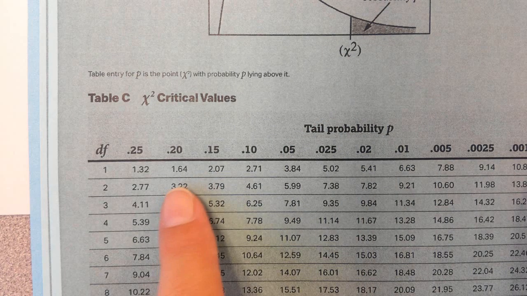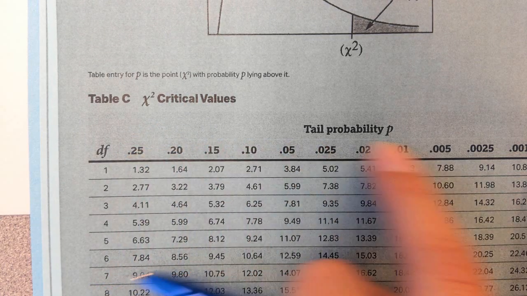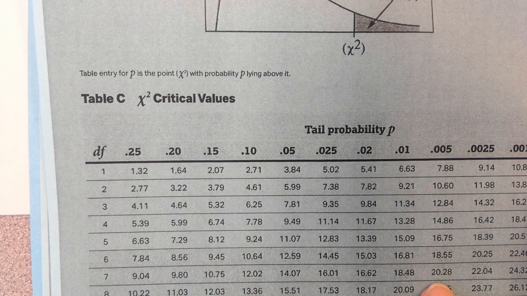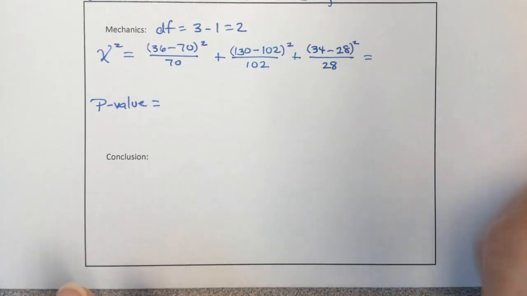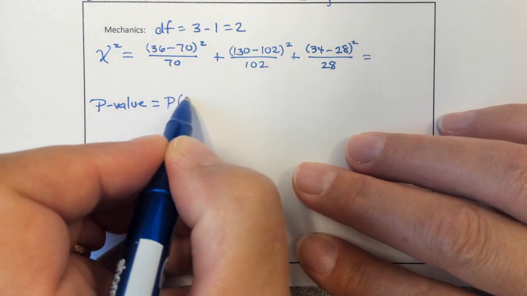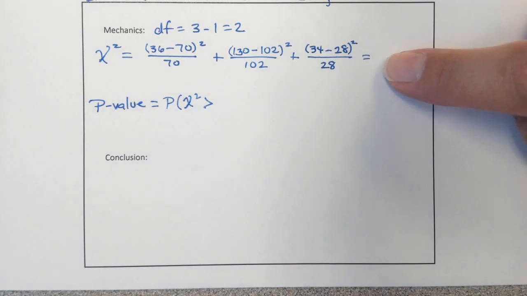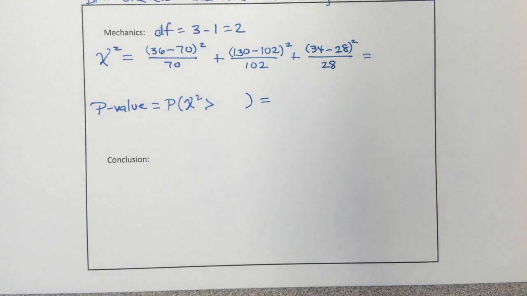We could look up our probabilities in the table using our degrees of freedom and chi-square scores, or we can let the calculator do it, which is what we're going to focus on because it'll also give us the chi-square calculation at the same time. I'm looking for the probability of a chi-square score being bigger than whatever we have here, and that would be the p-value. It's always a greater than because it's a right-tailed test every single time.